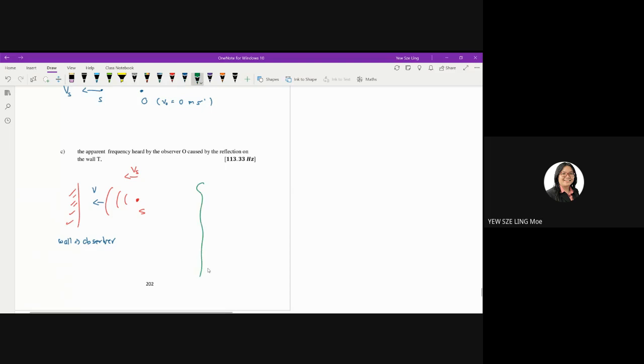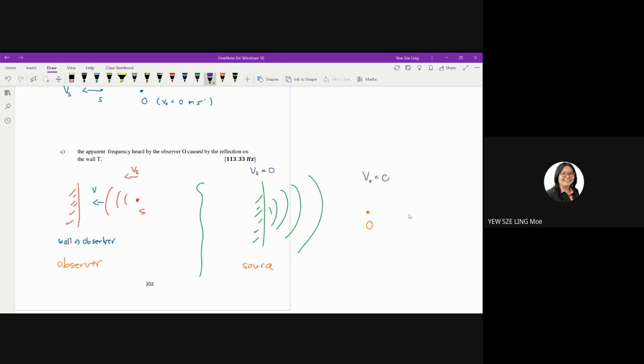So case number two, now this is the wall. After the sound is reflected, the wall is now acting as the source. Initially it was the observer, and after that it is acting as the source that emits frequency. And now this is the observer, the human observer according to the question. This is your O. Since both the wall and the observer are not moving, your Vs is equal to 0 and your Vo is also equal to 0.